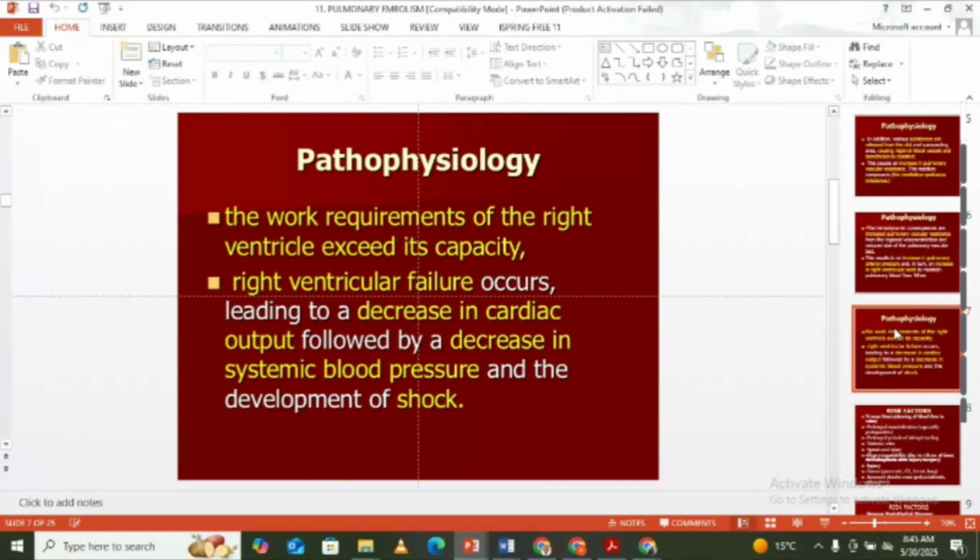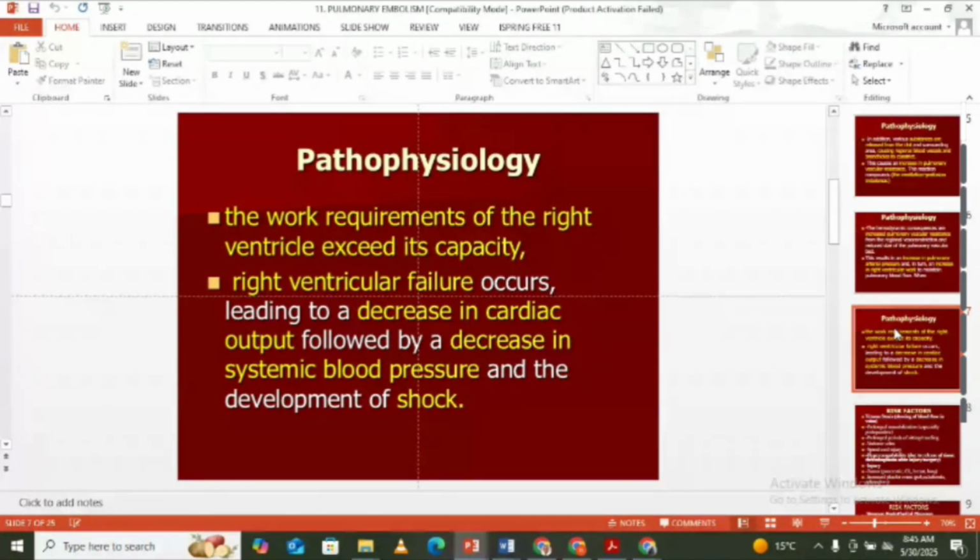Now, with the pulmonary artery being blocked, if you think of it backwards, the right ventricle will fail because of the exceeding pressure. If it fails as it tries to overwork to push blood, it will no longer be able to push blood through the pulmonary artery where the thrombus has clogged.